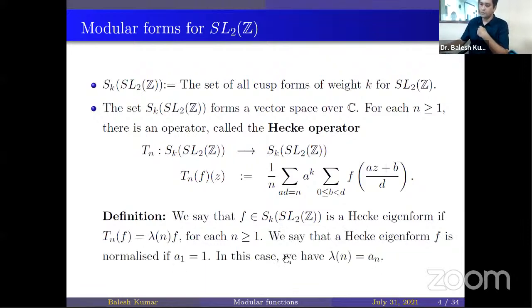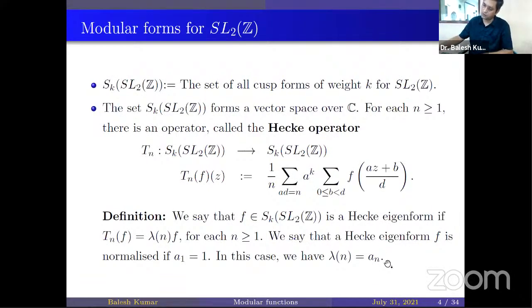Moreover, it turns out that the very first Fourier coefficient of a Hecke eigenform is non-zero, and once we normalize by dividing by it, we say that the Hecke eigenform is normalized if the very first Fourier coefficient is equal to 1.